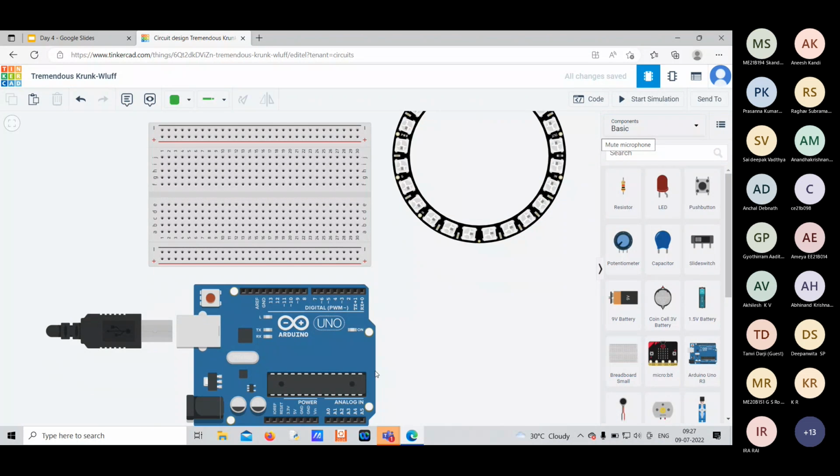So let me give power to the breadboard. So yes, as per the breadboard connections, this set of pins have now received 0 potential, and these set of pins have received 5 volt potential. So now let's move on to connect the ground to ground.